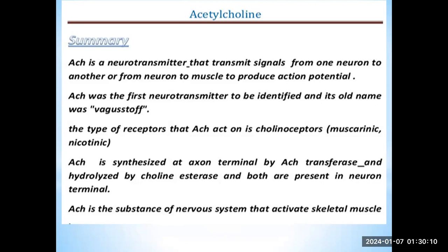The type of receptors that acetylcholine acts on are cholinoreceptors: muscarinic and nicotinic. Acetylcholine is synthesized at the axon terminal by choline acetyltransferase and hydrolyzed by cholinesterase, and both are present in the neuron terminal.